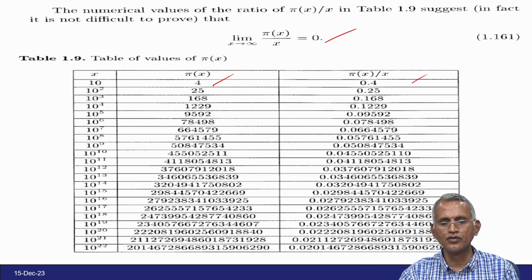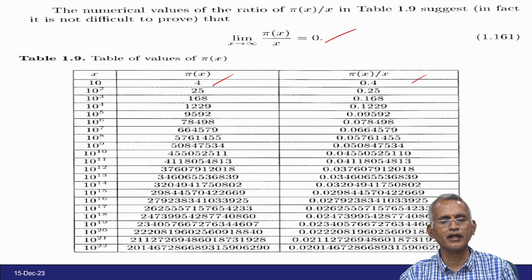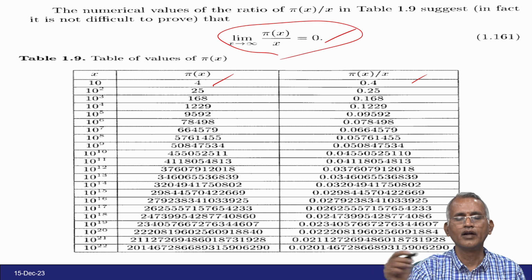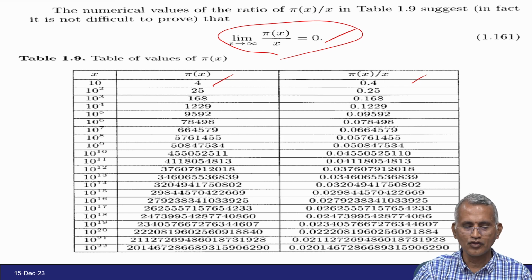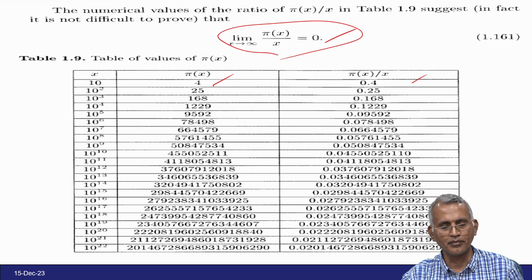Approximately, all the values come nearer to 0. Therefore, that is the meaning: when the limit extends to infinity, pi of x by x equals 0. This way we can calculate the prime distribution from one number to another number. So, here ends the prime distribution.